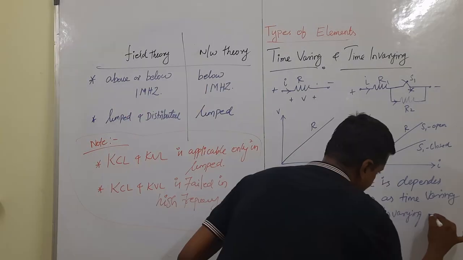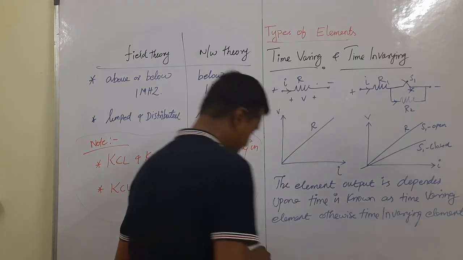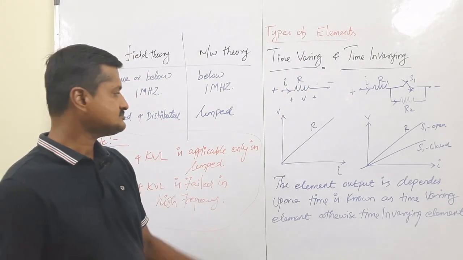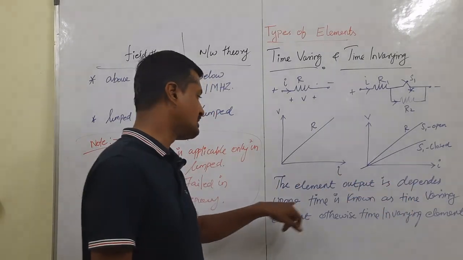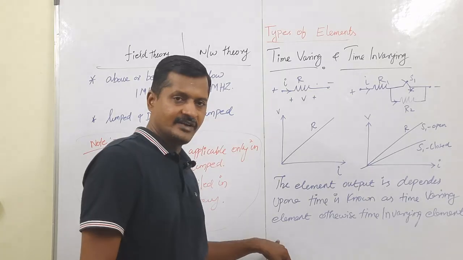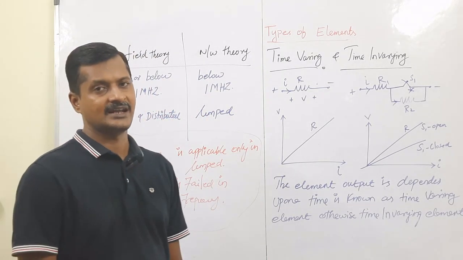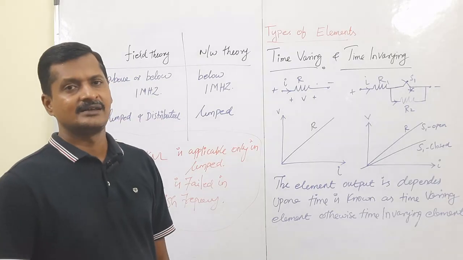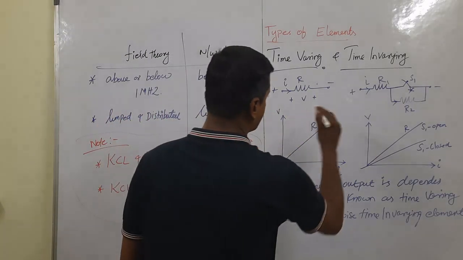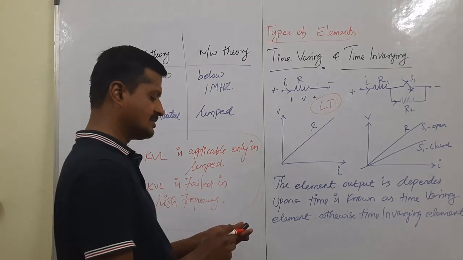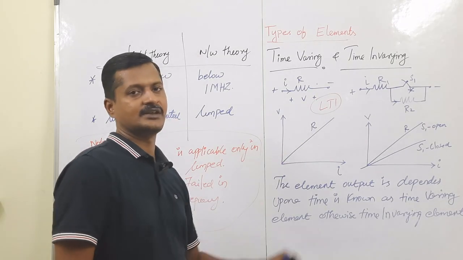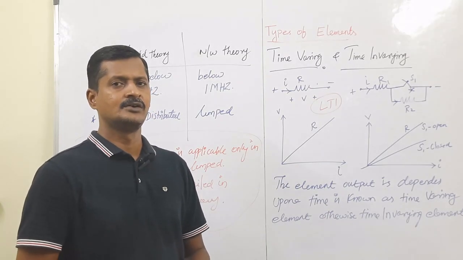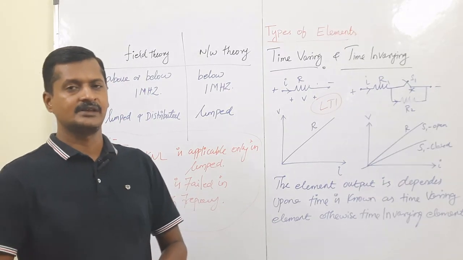If the element output depends upon time, it is known as a time varying element. Where does this come up? Do you remember from control systems? Linear time invariant systems and linear time varying systems: in control systems we study time varying and time invariant elements. So that's all about the types of element.